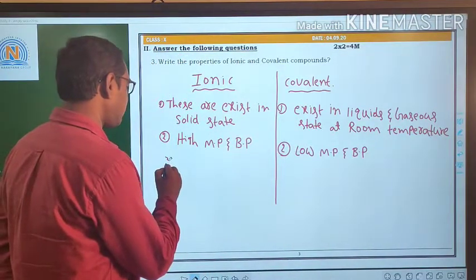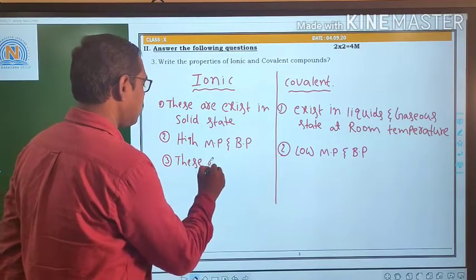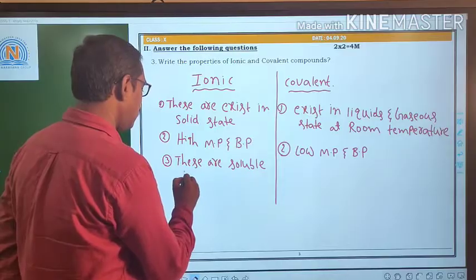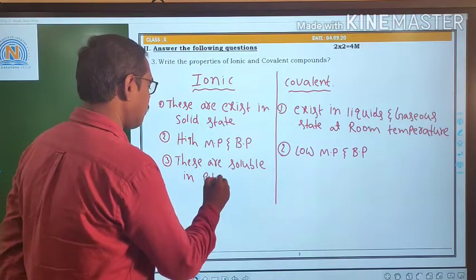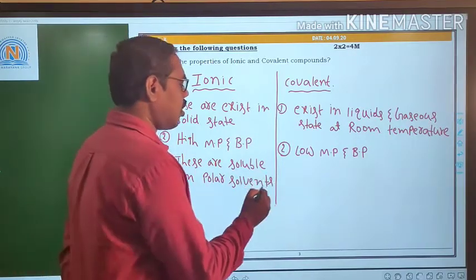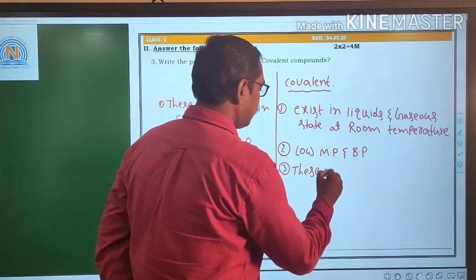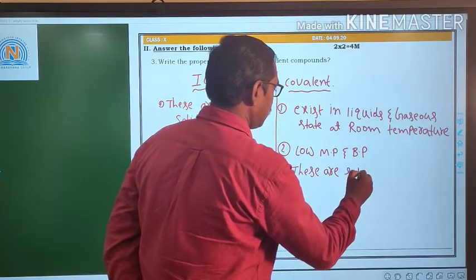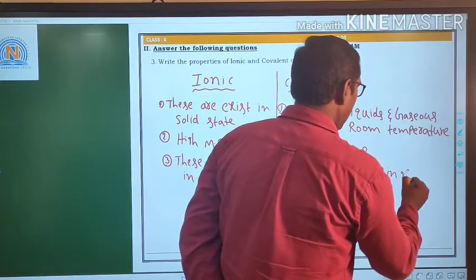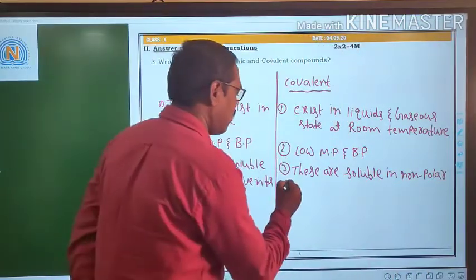Next, ionic compounds are soluble in polar solvents. Covalent compounds are soluble in non-polar solvents.